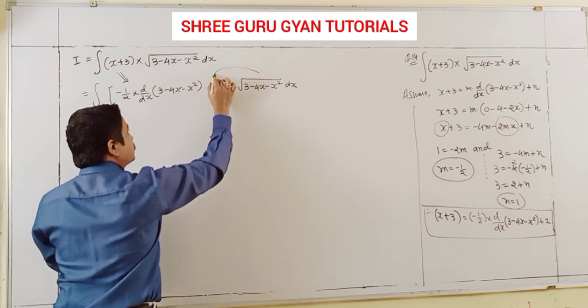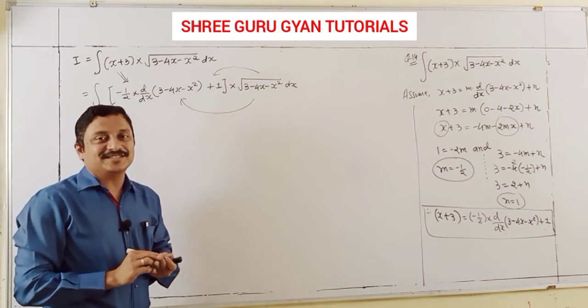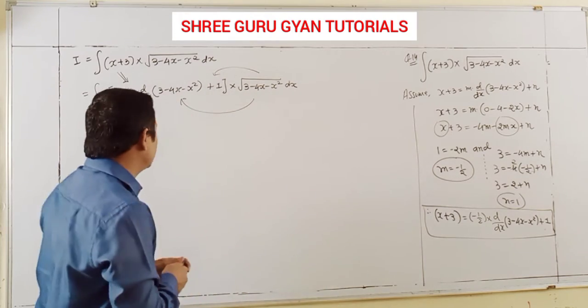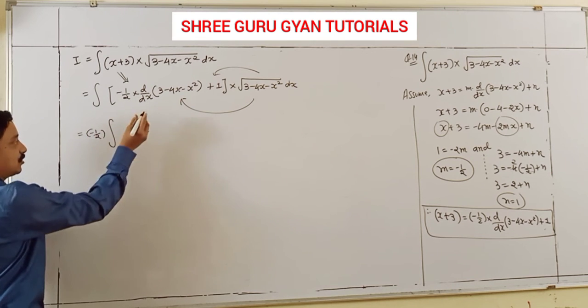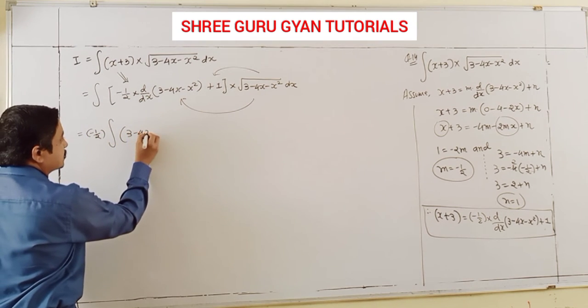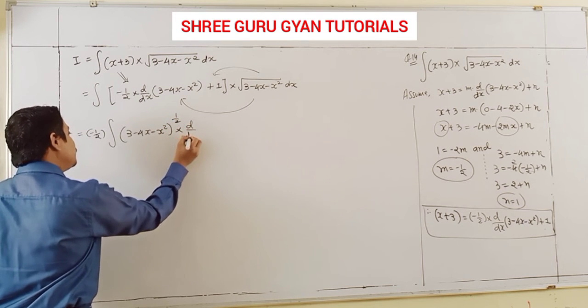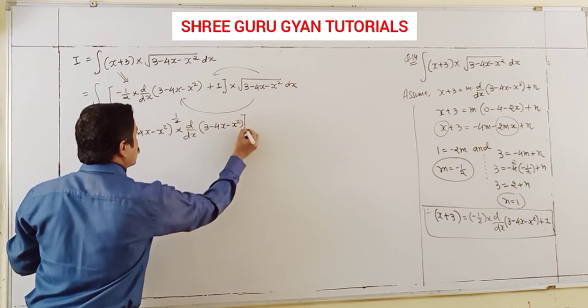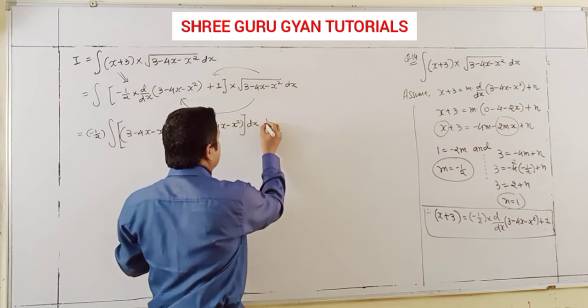Now check: these are multiplying, and you can get two different values one by one, students. So the first part is minus half integration of the derivative of 3 minus 4x minus x square over the square root, and the other is plus 1 over the same root.